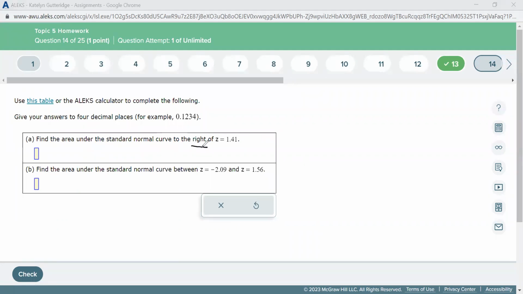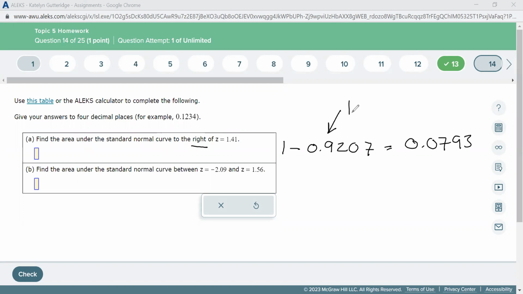When it tells you right instead of left, you want to take 1 minus that number you get from the table. So I'd be taking 1 minus 0.9207, and that will give me 0.0793. So this is the area to the right of 1.41.